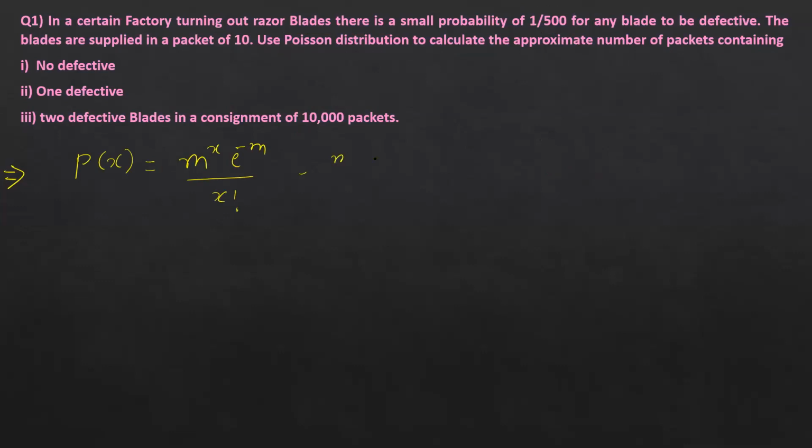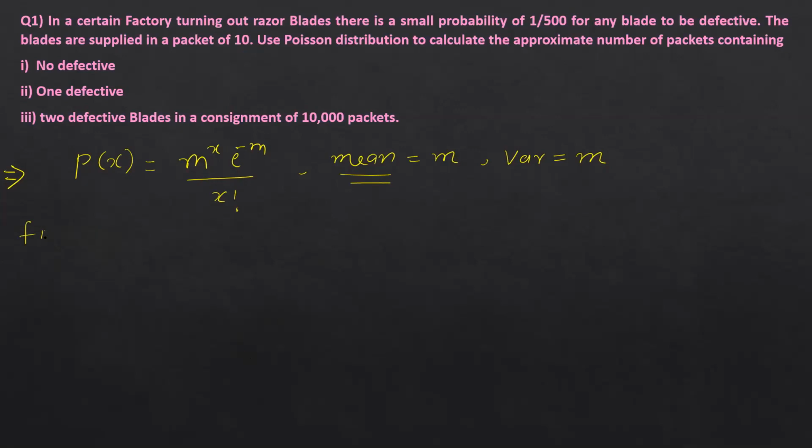And the mean of the Poisson distribution is m, and the variance is also m. This part I told you yesterday in the class. All right. Now, if you look into the problem, the m value is still not known to us, which is actually the mean of the Poisson distribution. So the first objective is to find the m value.